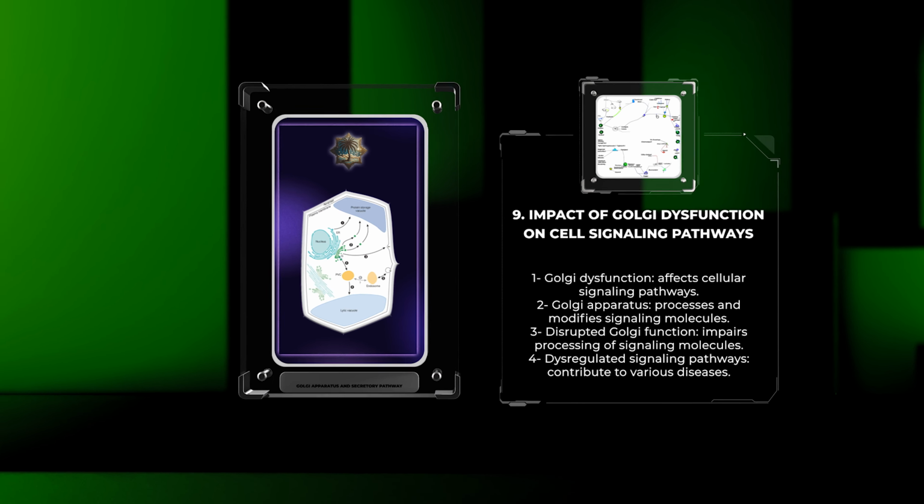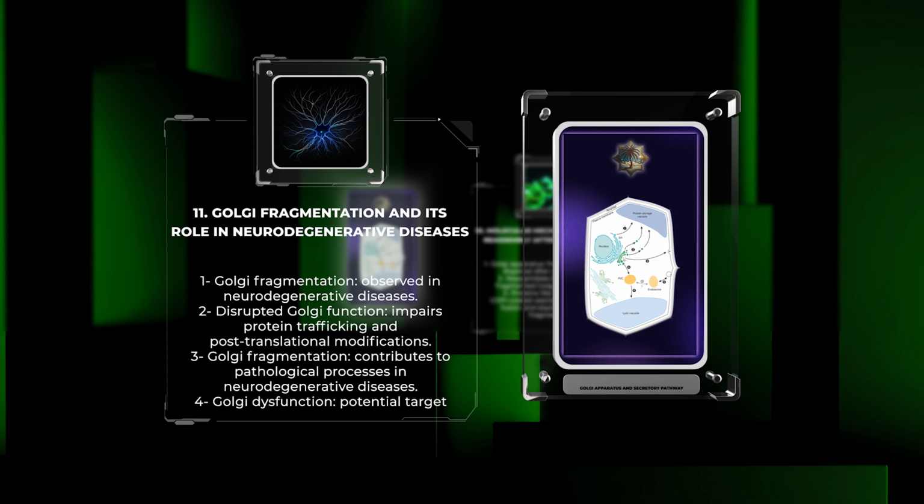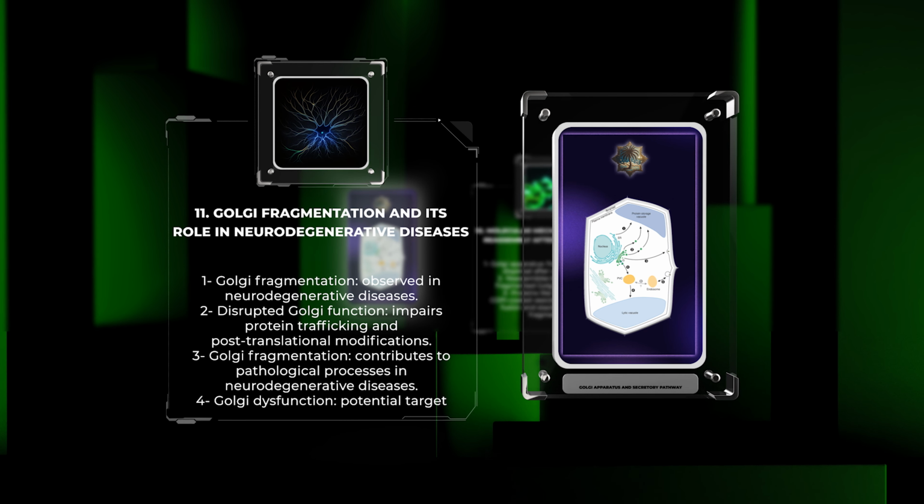Golgi fragmentation, characterized by the dispersal or collapse of Golgi membranes, has been observed in several neurodegenerative diseases, including Alzheimer's disease, Parkinson's disease, and Huntington's disease. Accumulating evidence suggests that Golgi fragmentation might contribute to the pathological processes underlying these neurodegenerative diseases.